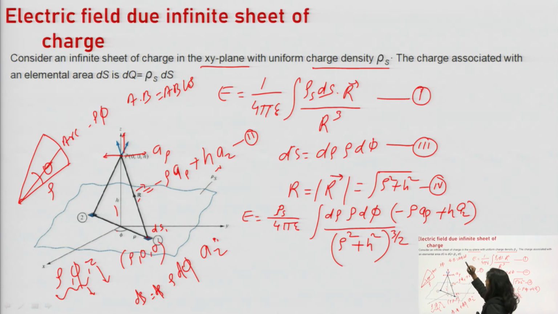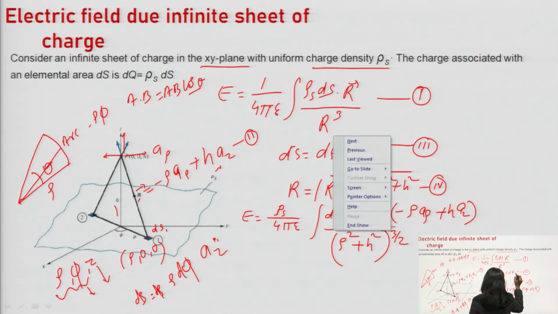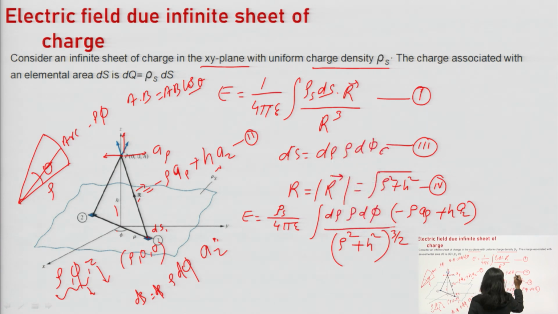If the theta value is 90 degrees, this whole term will be 0. The angle between a_z and a_rho is 90 degrees and cos of 90 degrees is equal to 0, so in that way also it vanishes.